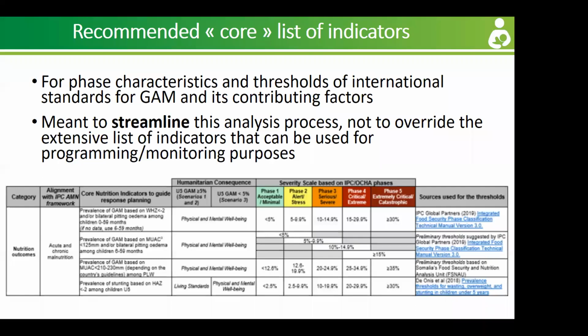We also have the severity scale based on both IPC and OCHA phases, so 1 through 5, and the sources used for thresholds. Please note that a number of these thresholds are preliminary in nature because they don't yet exist at global level.